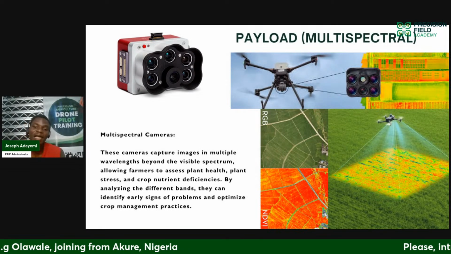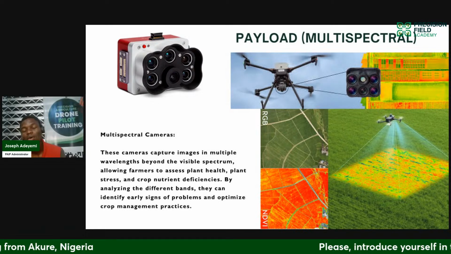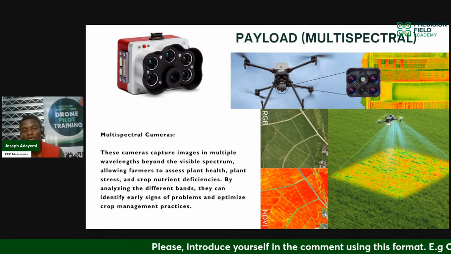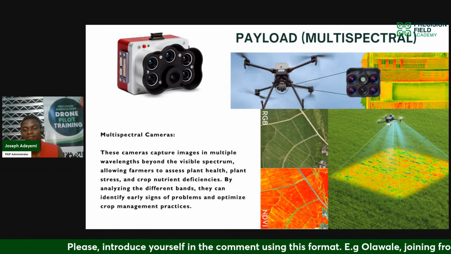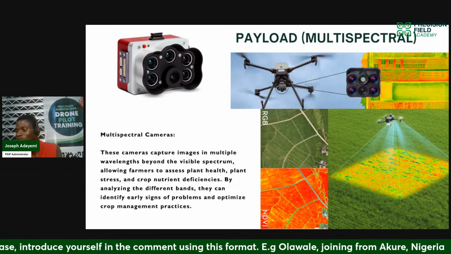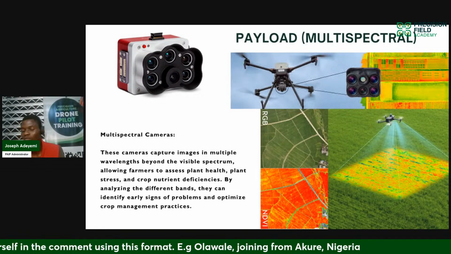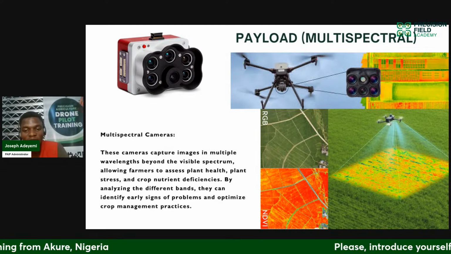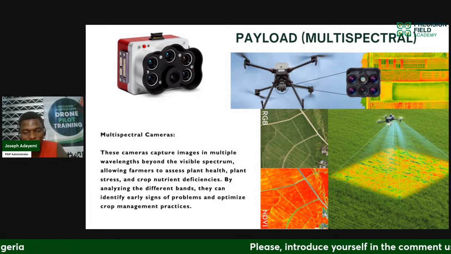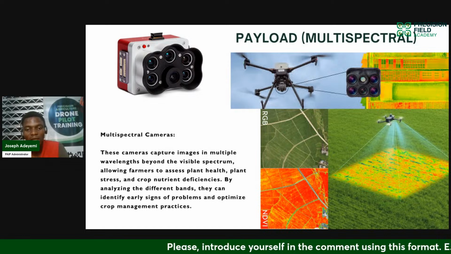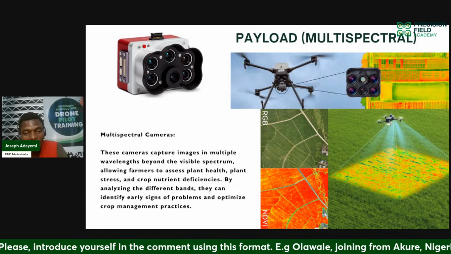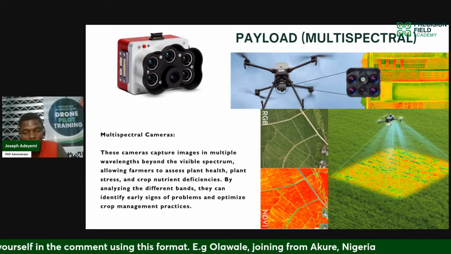There are certain things RGB has limitations to do that multispectral drones or multispectral cameras can give you the option to do. Multispectral cameras capture images in multiple wavelengths beyond the visual spectrum of RGB, or what your eyes can see.